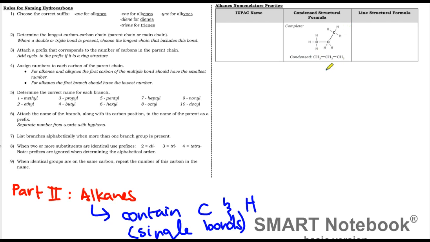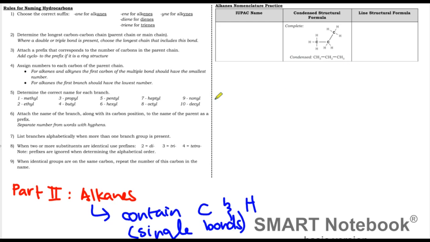The condensed structural formula still has CH3, but again, just directly attached to the carbon. We know that they're all separated and individually bonded to that carbon and that carbon atom. This carbon is also attached to another carbon, so that represents this bond here. So it's carbon to carbon still, with hydrogen atoms attached to each carbon atom.